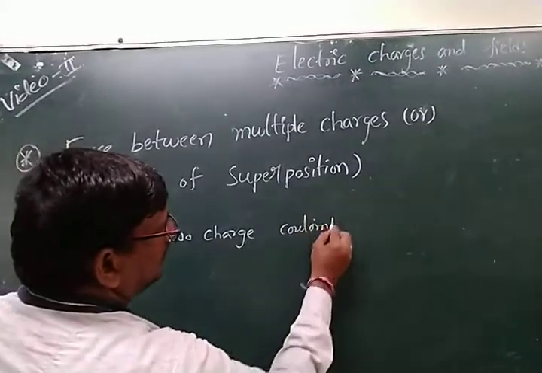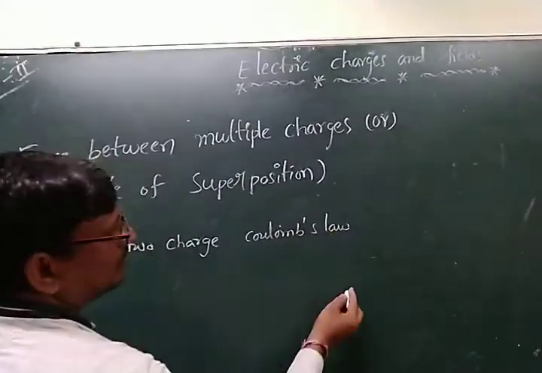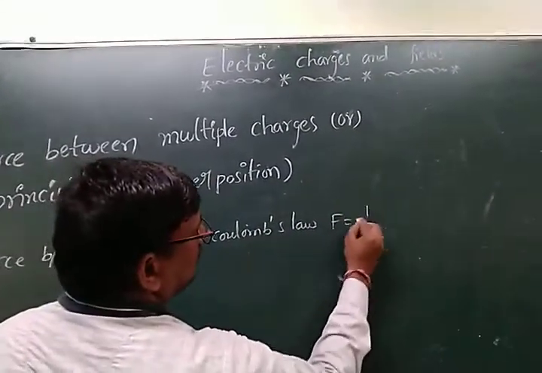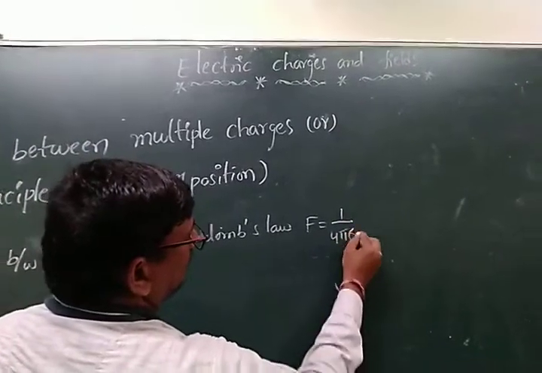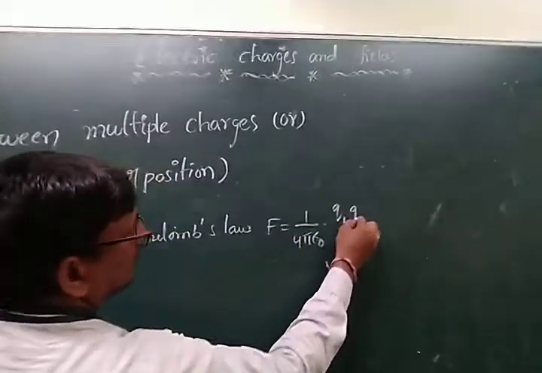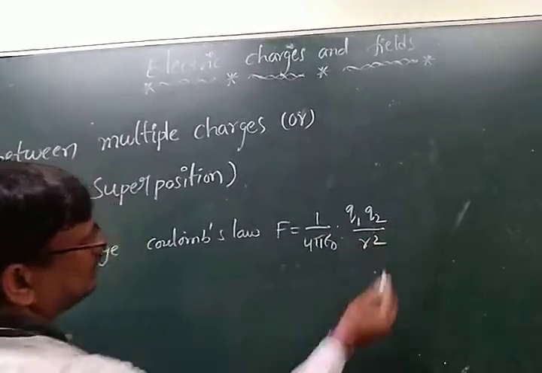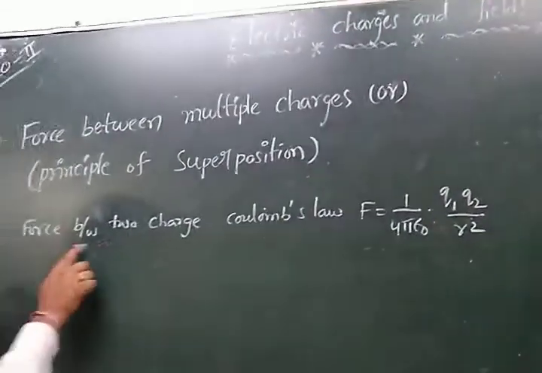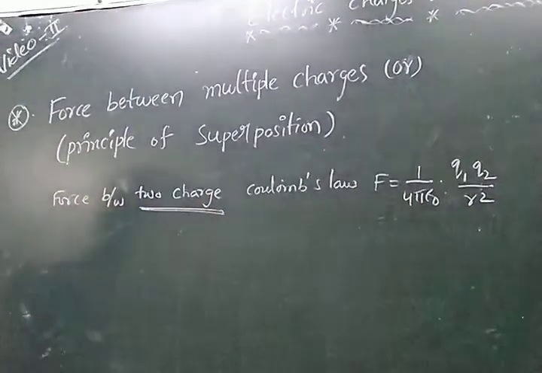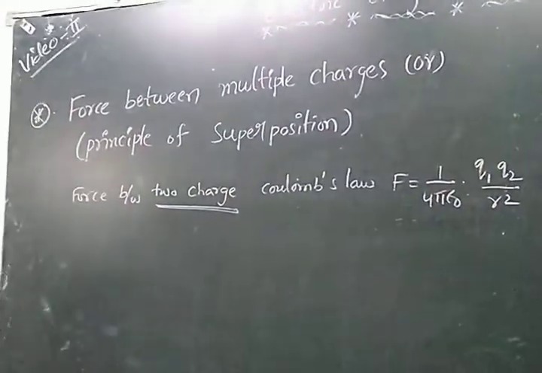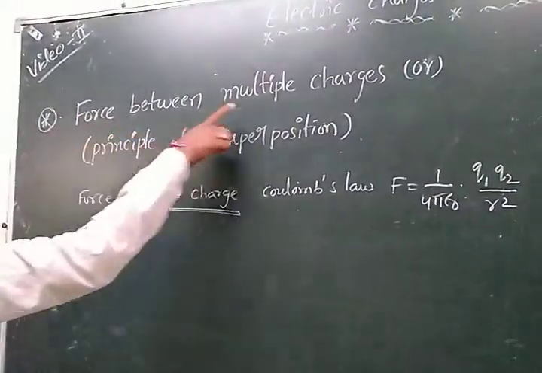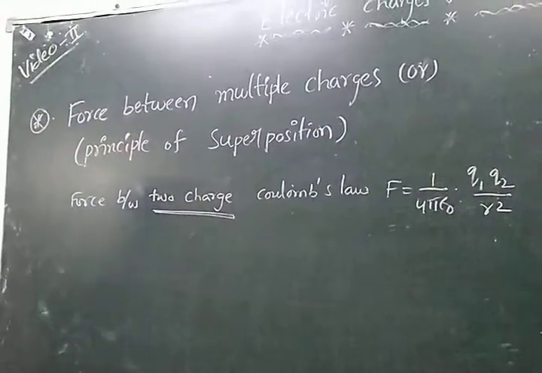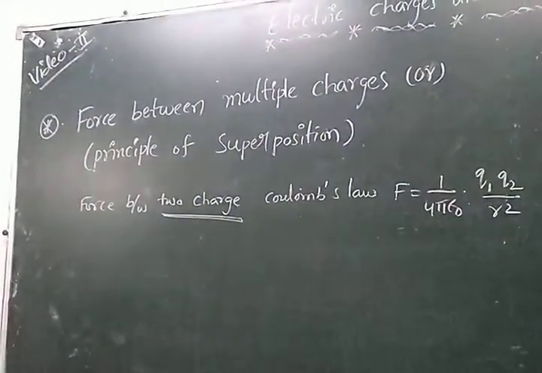The formula for Coulomb's law is the force F is equal to 1 by 4 pi epsilon naught q1 q2 by r squared. This formula can be applied only between two charges. But here we are asking about the force between multiple charges, that is, n charges.